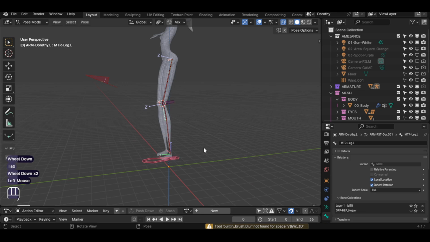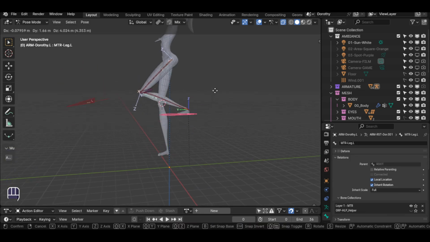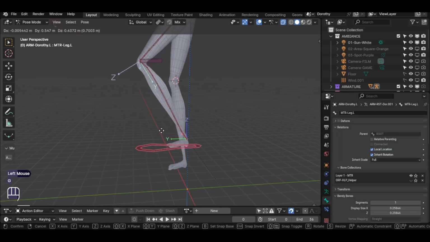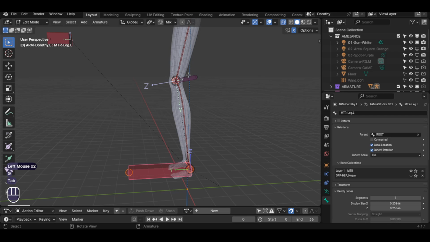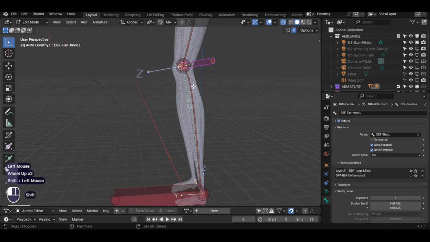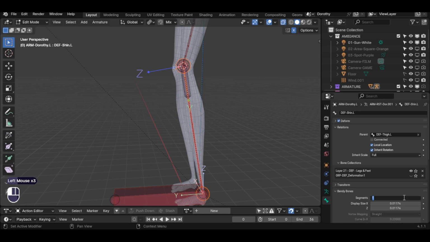So this is pose mode, and here we have the mechanism effect of the fan. I've made it this way because it would be simpler to visualize the allegory of the oriental fan bone. However, personally, I prefer to have it totally aligned with the same bone to which it is parented. Here. And don't worry, these are just segments from the belly bones.